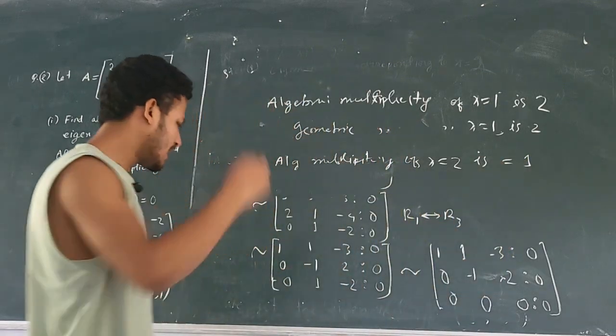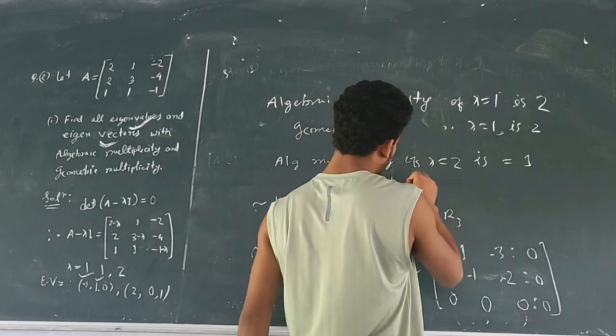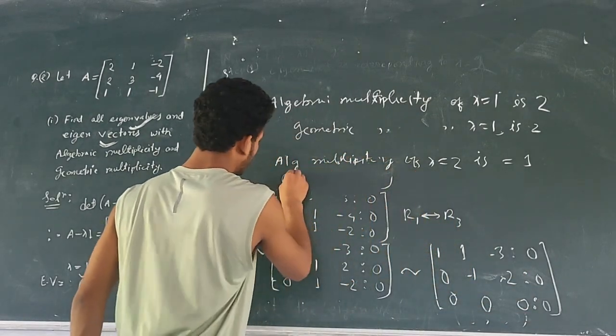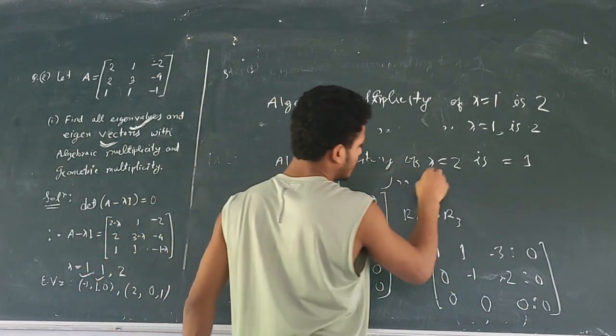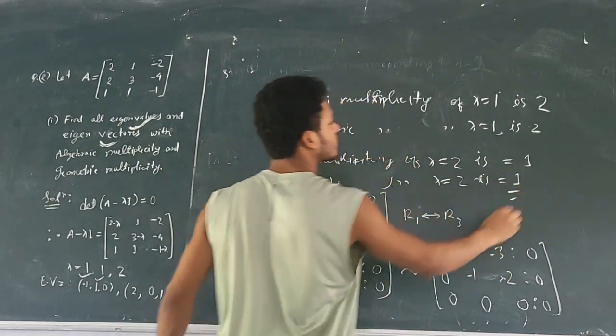And the geometric multiplicity of lambda equal to 2 is 1, since there is only one free variable.